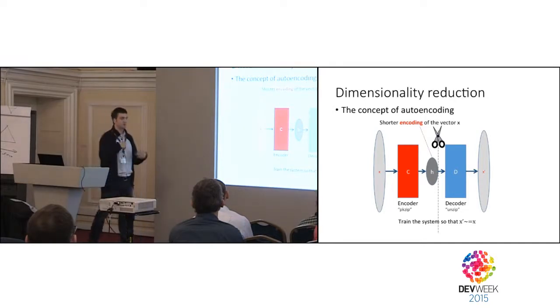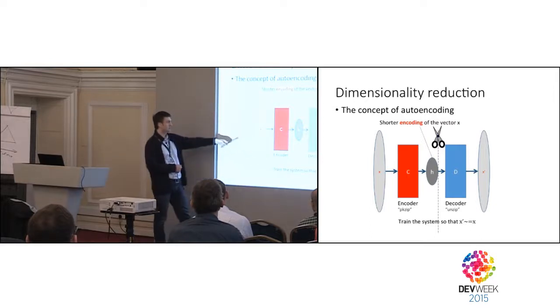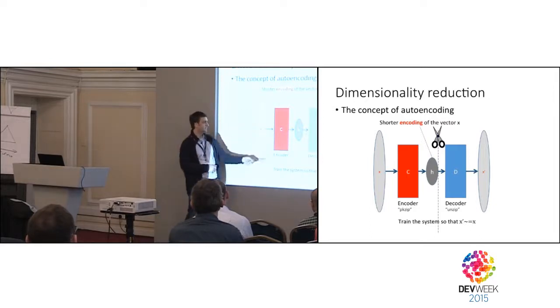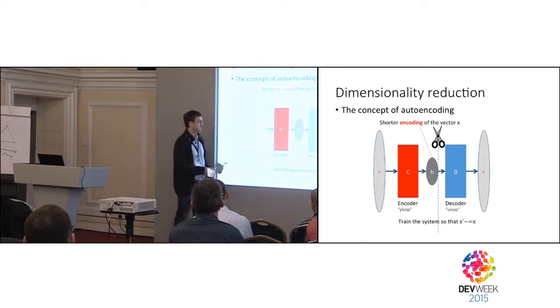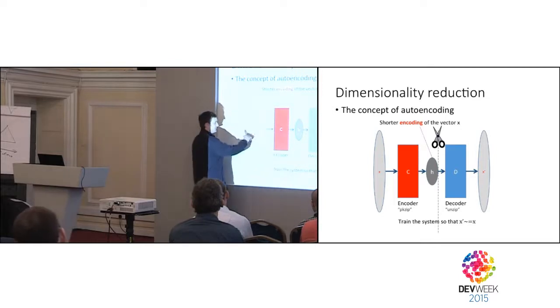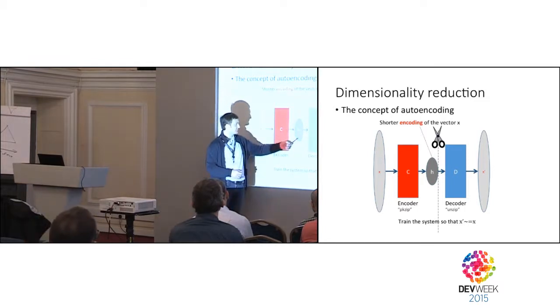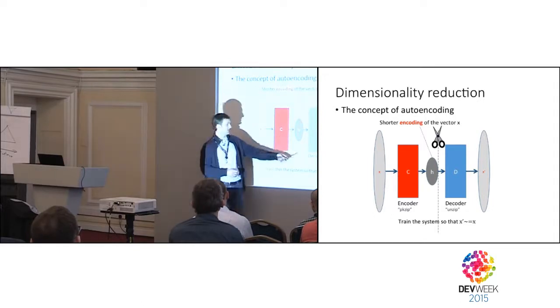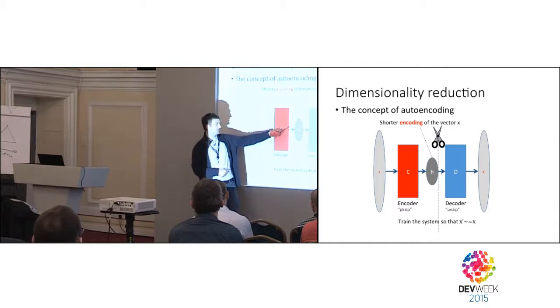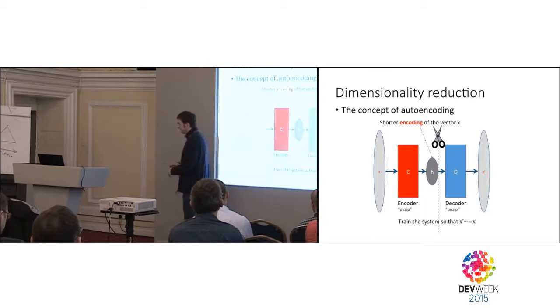If we formally write what we have, we describe the so-called concept of autoencoding. The autoencoding system consists of an encoder and a decoder. The encoder compresses our data into some kind of hidden representation, and then the decoder should be able to take this hidden representation and reconstruct our original data.